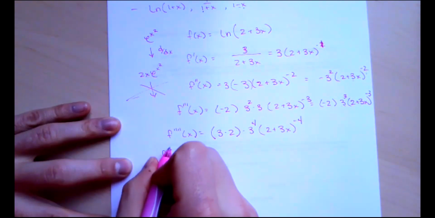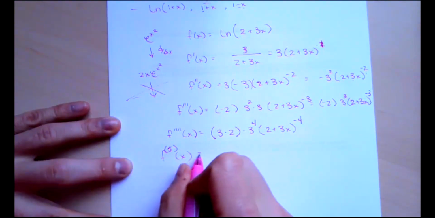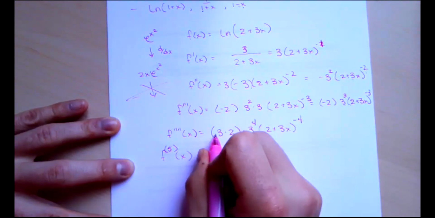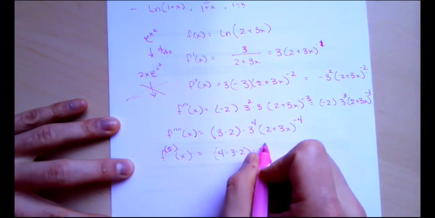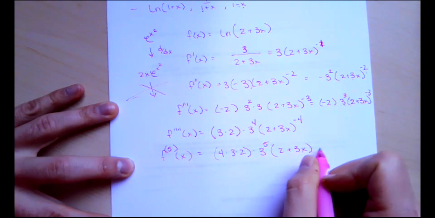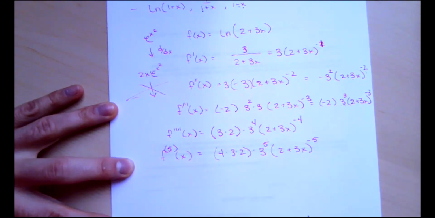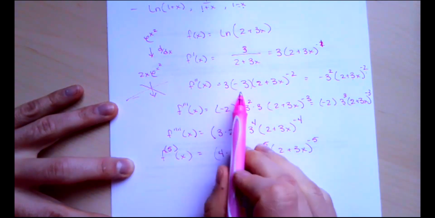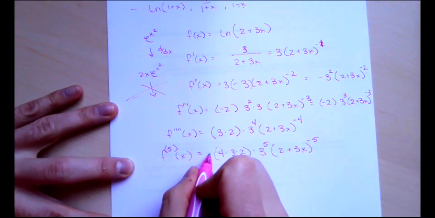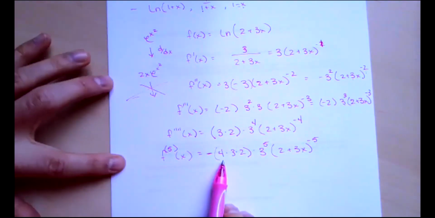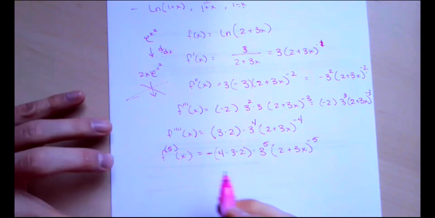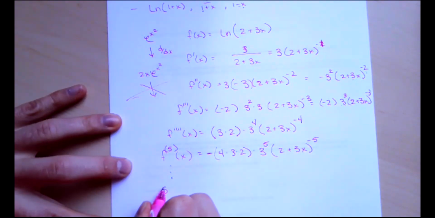So we can even just do the fifth one. I know I'll have a 4 times 3 times 2 from bringing that 4 down. I know that this power of 3 is going to increase from the chain rule. And of course, the exponent decreases. And then the other thing that's happening is it's alternating since we're multiplying by negative constants every single time. So it'll be negative. And so I'm grouping my constants and my terms in such a way that I can recognize the pattern.